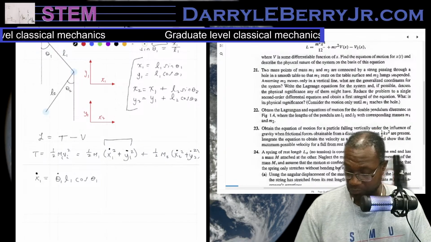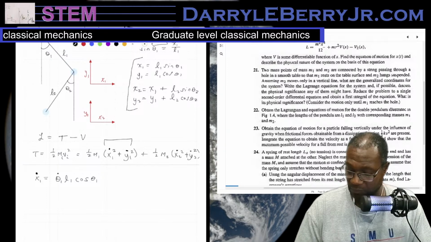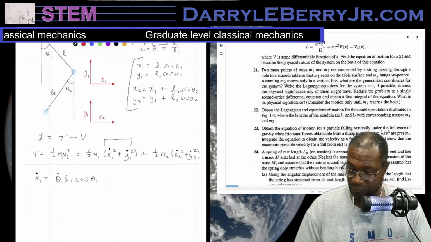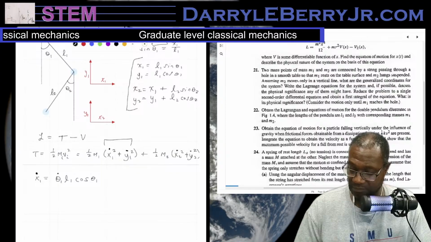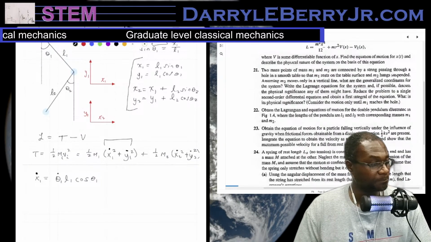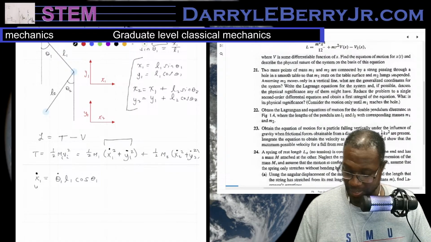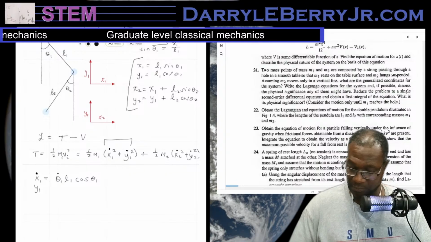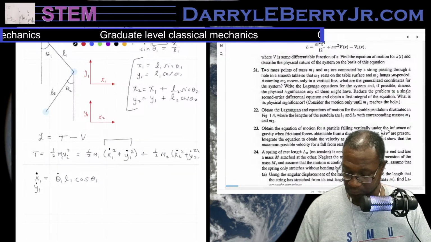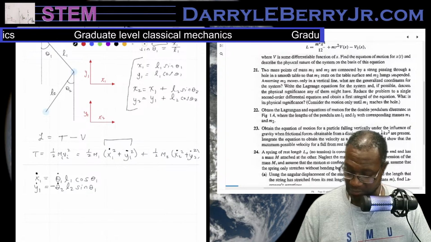That's by using the chain rule. We have theta 1 dot, the derivative of the sine will give us cosine. But theta is also a function of t, so you have to get the theta dot with that. And that looks correct. y1 dot equals theta 1 dot L1 with a minus sine theta 1.